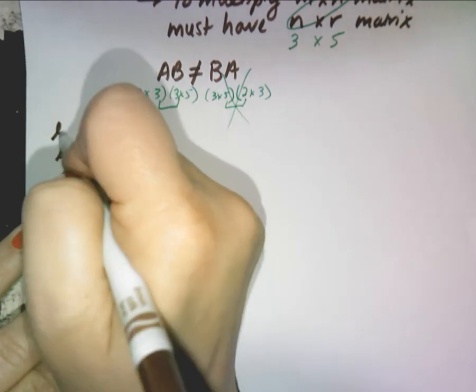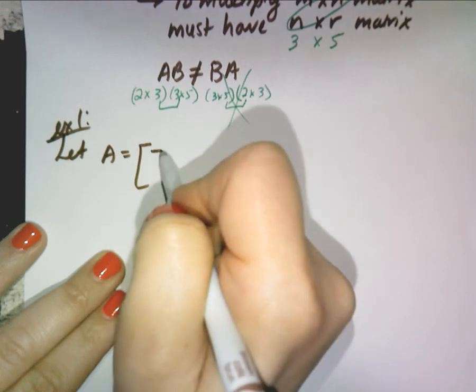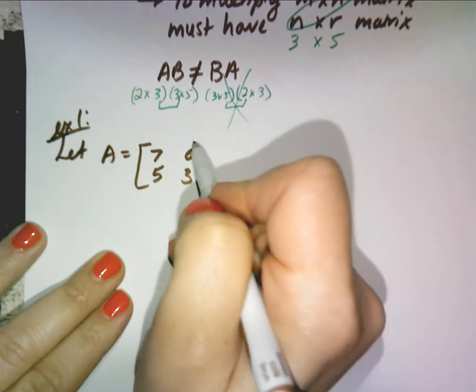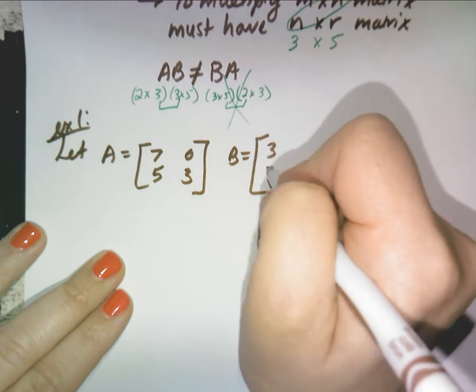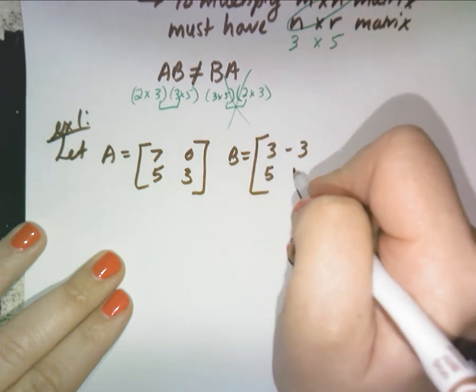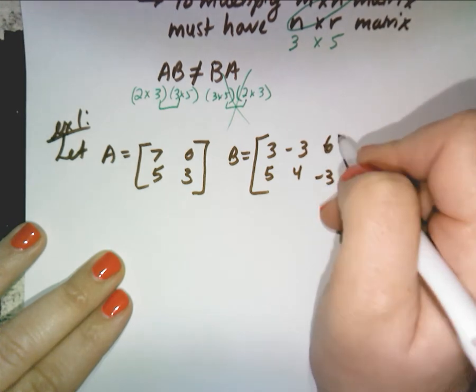It's crazy. Example 1. Let A equal 7 0 5 3. And then we're going to let matrix B be 3, 5, negative 3, 4, 6, negative 3.